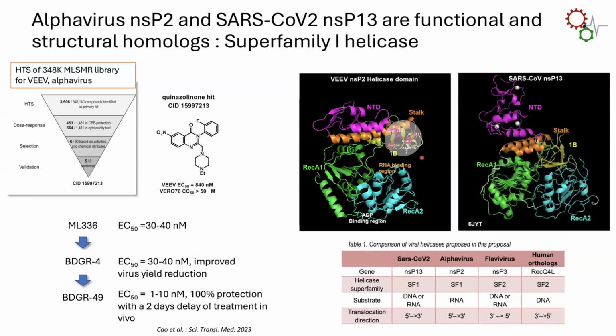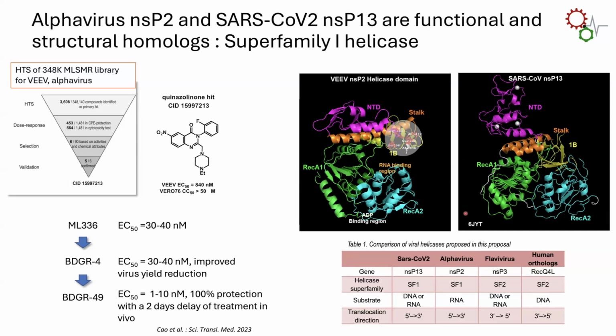Back in 2020, when the SARS-CoV-2 pandemic started, we compared this SARS-CoV-2 viral helicase structure against our nsP2 VEEV helicase protein structure. As you can see, their topology is almost identical, with a little bit of change here and there.